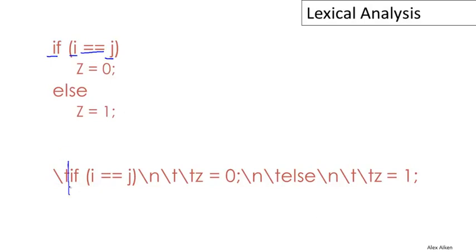So it'll recognize that there's a division between the white space and the keyword, then a division after the keyword, and some more white space, the open paren, the i, another white space, double equals, and so on. And it goes through drawing these lines, dividing up the string into its lexical units. I won't finish the whole thing, but you should get the idea.